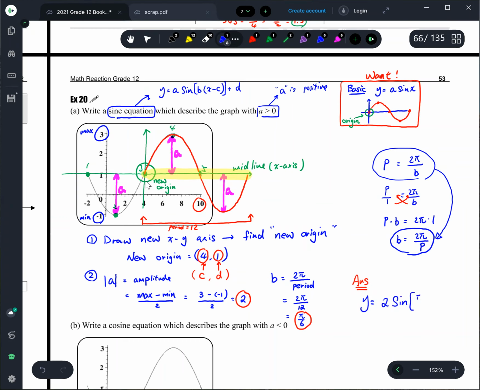B is pi over 6, x minus C, C is 4, and then D is 1, so plus 1. So that's your answer.